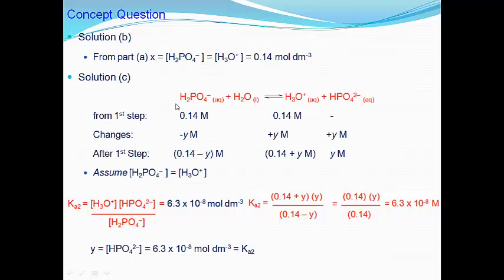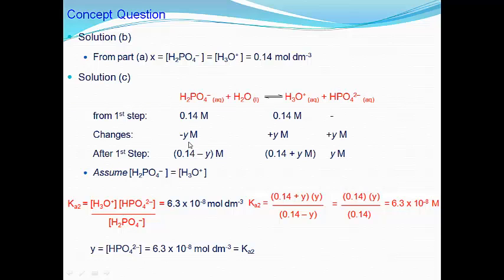And so we know from parts A and B that the H2PO4 minus concentration is equal to 0.14 moles per dm cube. Water is constant. H3O plus is equal to 0.14 molar. Of course, at the start of that step, HPO4 2 minus is 0.